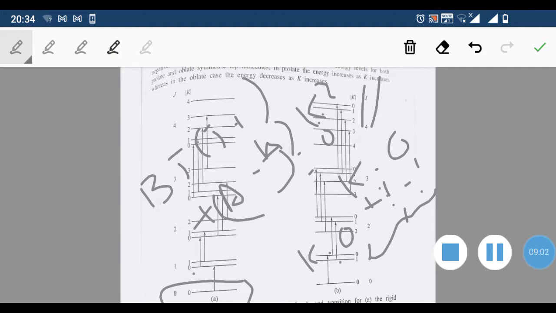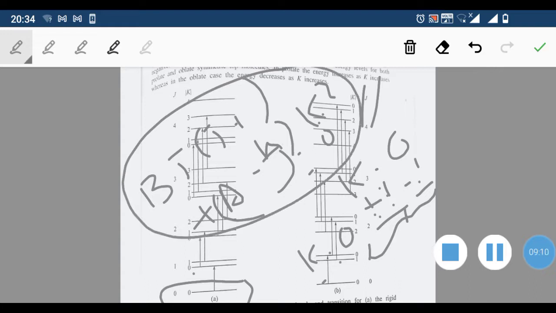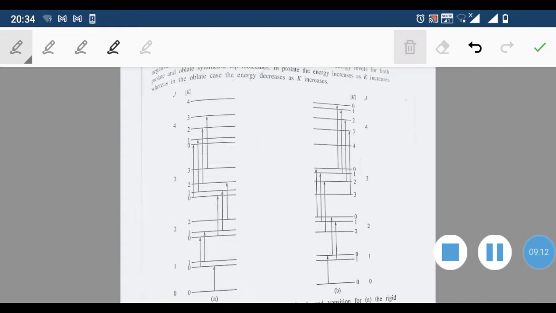So the energy levels with K value plus 1 and minus 1 both have the same energy value. So we can say that all energy levels with K greater than 0 are doubly degenerate.